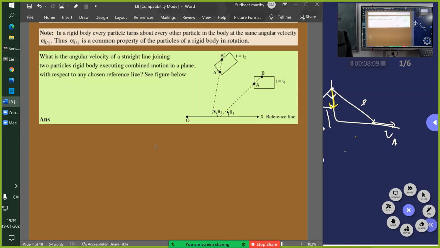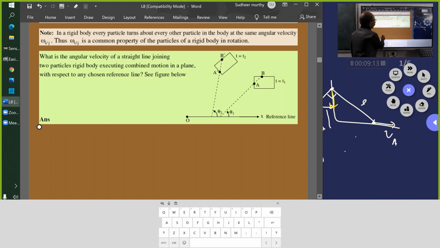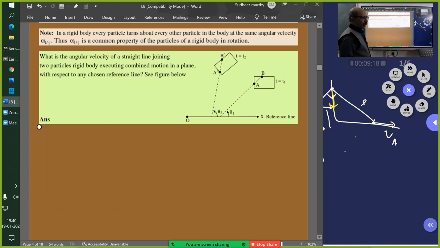You said, yes sir, we want to try. That's good. So, omega of A with respect to B and omega of B with respect to A must be equal to omega AB, the line itself.